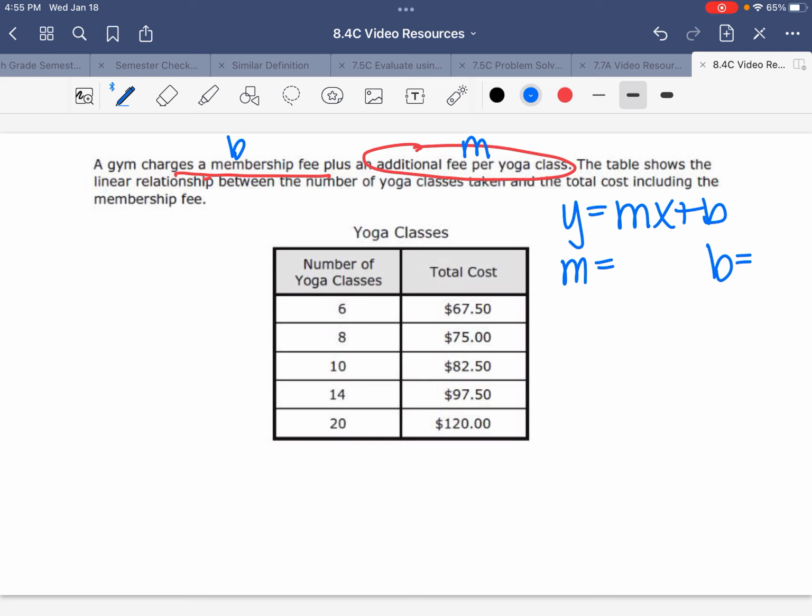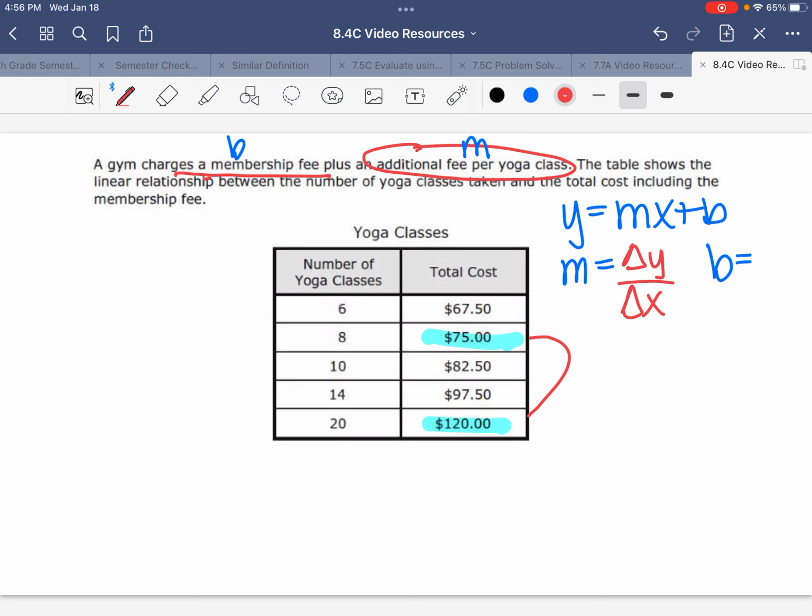So I want to work smarter, not harder. And I see some nice whole numbers. So I'm going to start finding my slope because that's where I feel comfortable. And I know that slope is the comparison of how y changes to how x changes. And I see that I have a whole number here, 75, and a whole number here, 120. So I'm thinking that might be easier for me to work with.